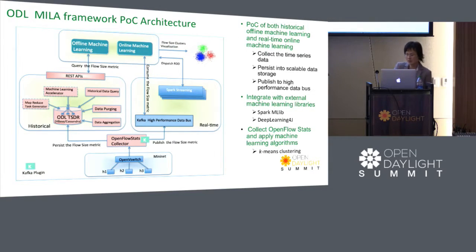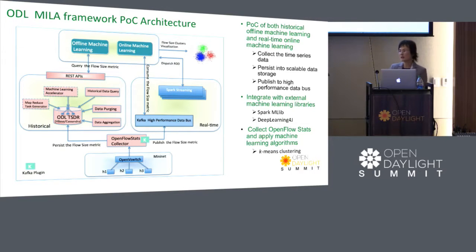And the second one is, we still collect the data from the Mininet OpenVSwitch, but we push to a Kafka bus. At the same time, the online machine learning module is going to consume the data directly from the Kafka bus, and then again call the Spark MLlib k-means clustering library, that algorithm, and construct an RDD, the resilient distributed dataset, and send it to Spark Streaming.